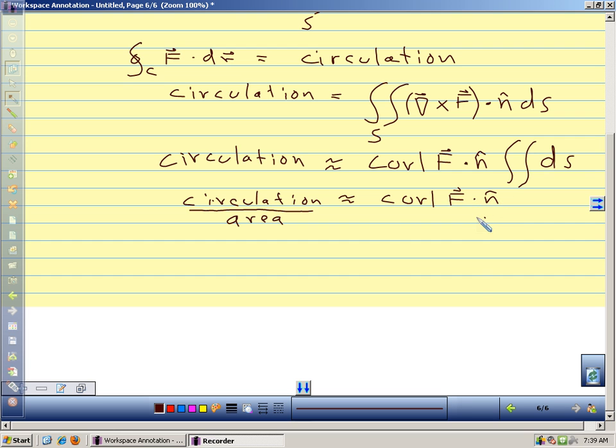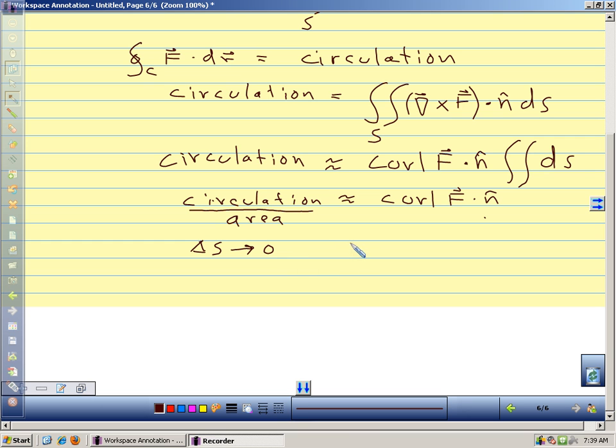And as the area approaches 0, we take the limit as our little tiny piece of area approaches 0. So I'm going to say delta s approaches 0. Our tiny little piece of surface, the area approaches 0.